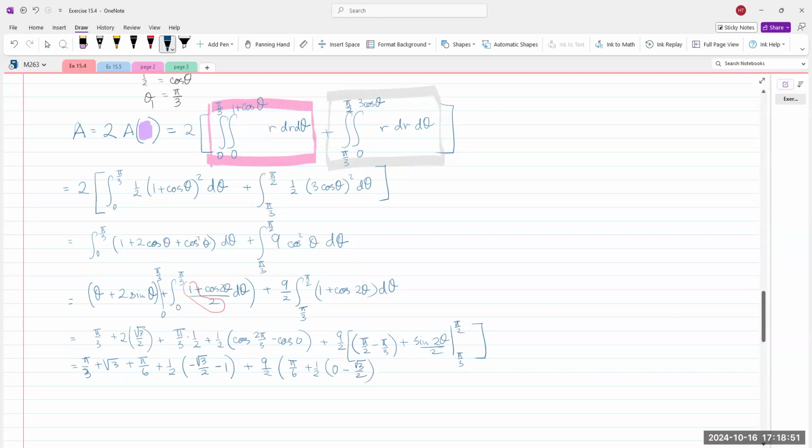I'm sorry, this is actually negative 1/2. That's cosine. I missed that bit. Sine. Oh, painful, huh? Bear with me. It's algebra all the way.